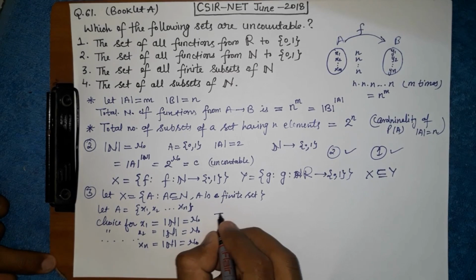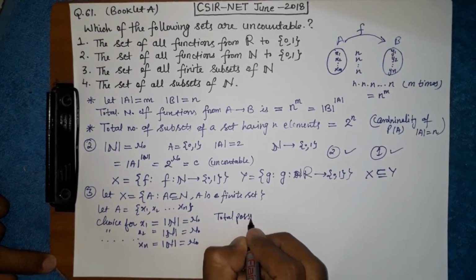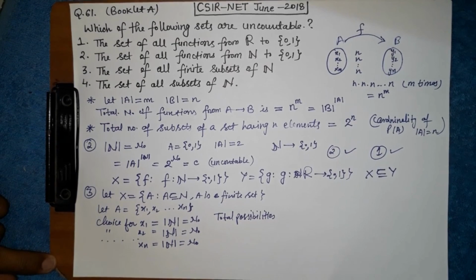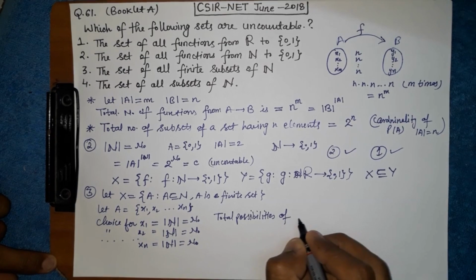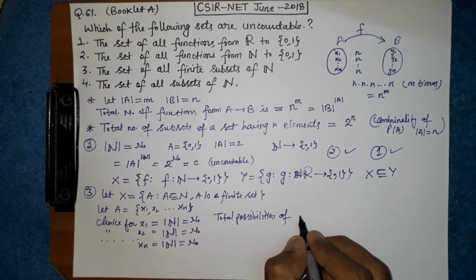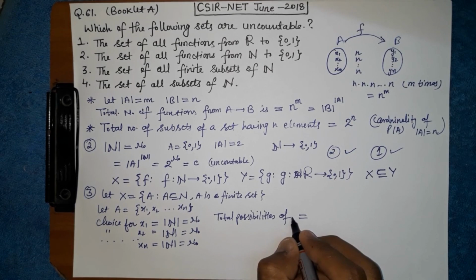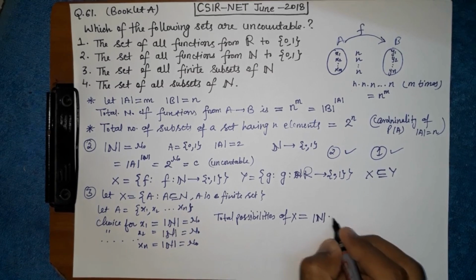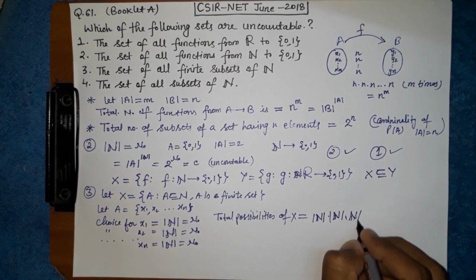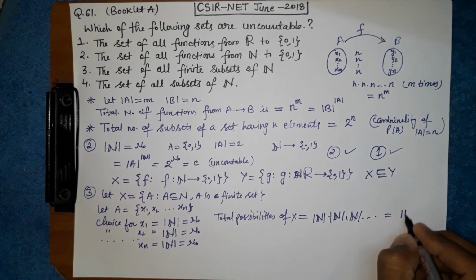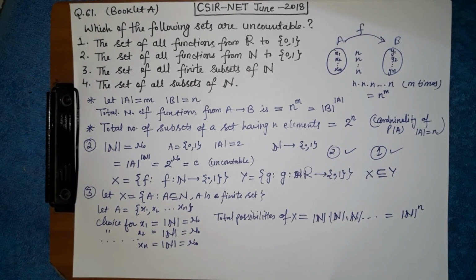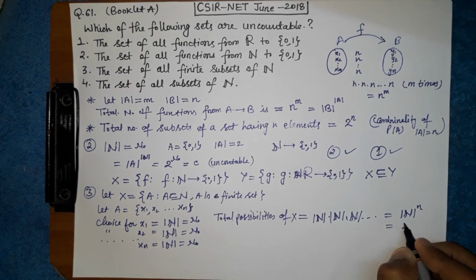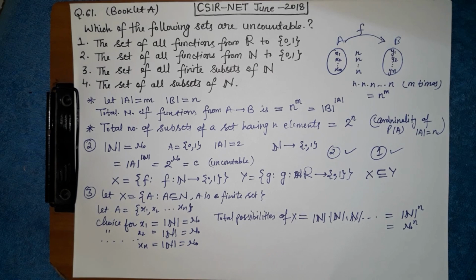So the total number of possibilities, the number of sets X, we can write as equal to the product of all these, that is, cardinality of N times, n times, which will be equal to cardinality of N to the power n, which is equal to again aleph naught to the power n, which is actually a finite Cartesian product of countable sets, right?